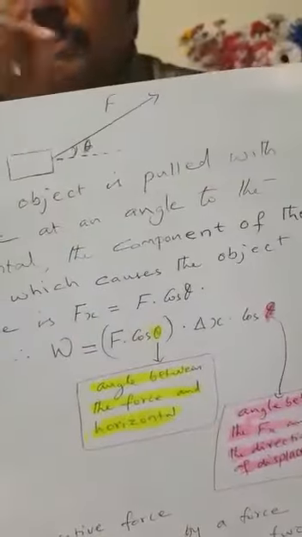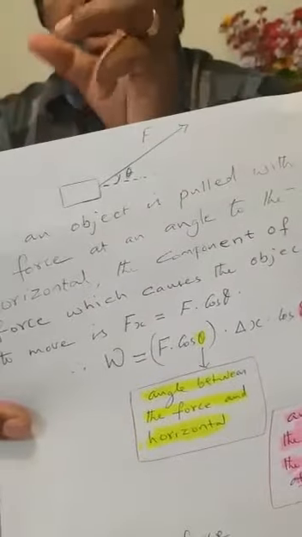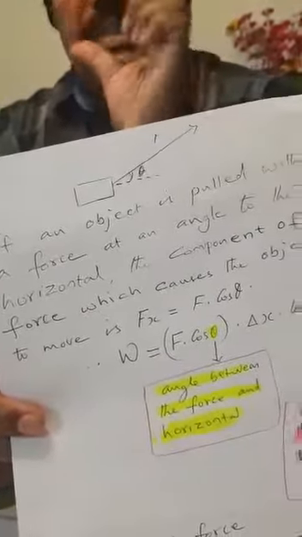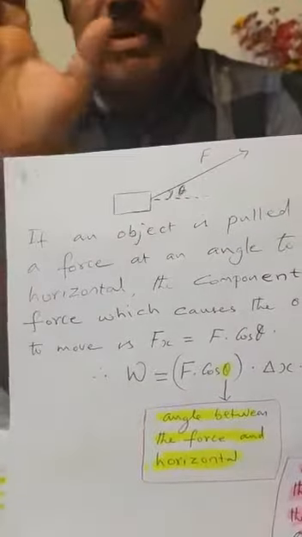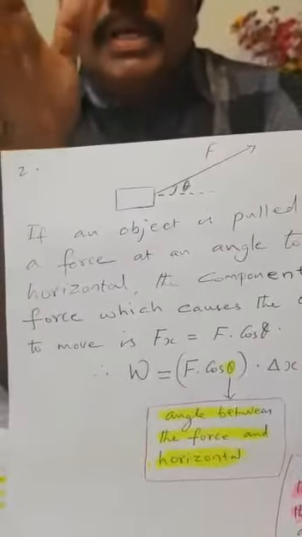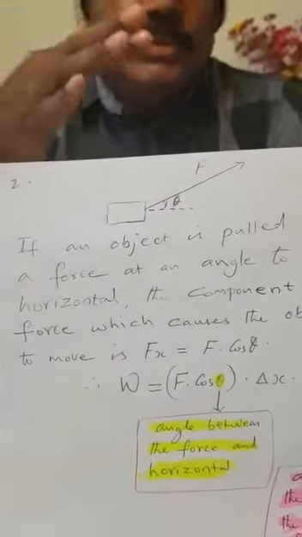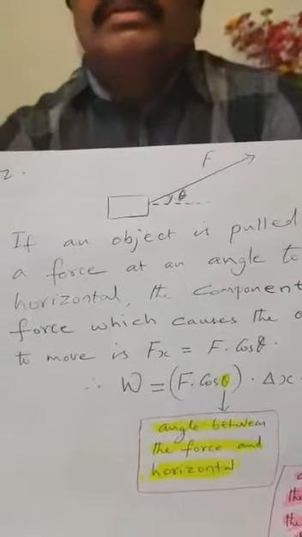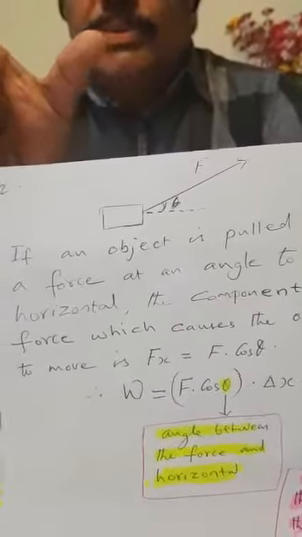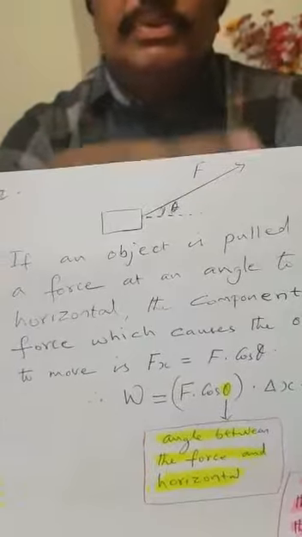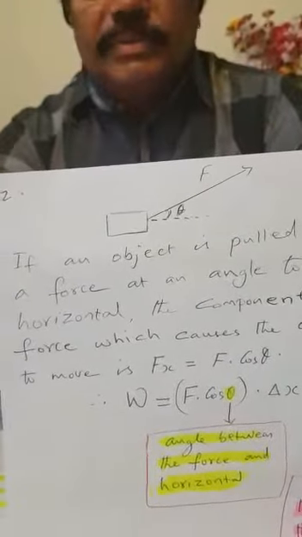Okay, let us look at another thing. Before we move to the work energy theorem, there are two definitions you must be very sure of. Forces are generally categorized in different ways, but here there are two categories of forces: a conservative force and a non-conservative force.